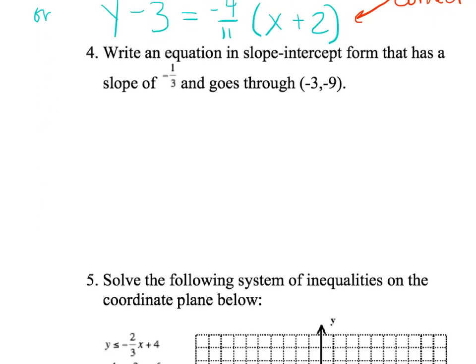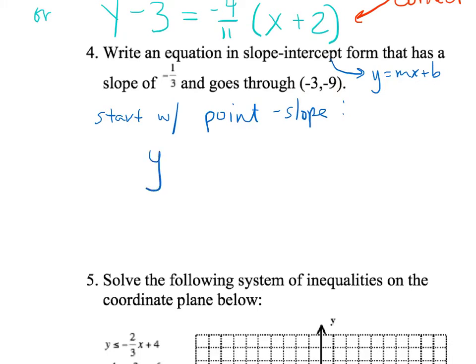Now for this next one, we need to write this in slope-intercept form, which is y equals mx plus b, where m is the slope and b is the y-intercept. It's easiest to start with point slope. Okay, so start with point slope because we have a slope and we have a point.